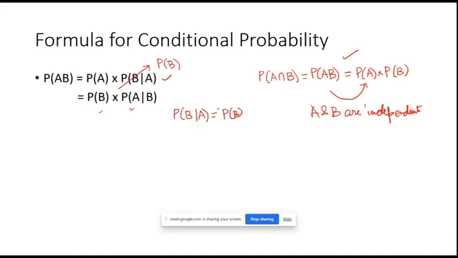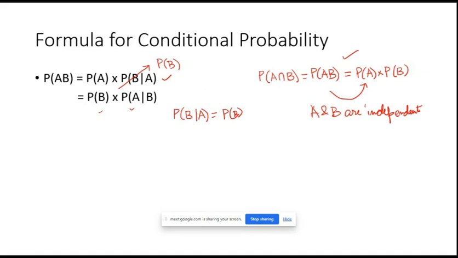But sometimes A may influence B, B may influence A, or both may influence each other. For example, in the case of carrying an umbrella and rainfall, the rain influences your probability of carrying an umbrella, but not the reverse. If you carry an umbrella, it does not affect whether it will rain.